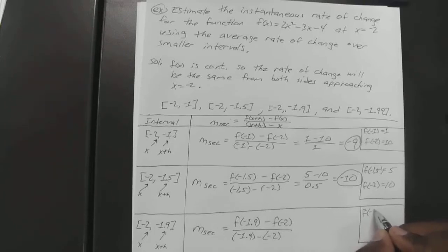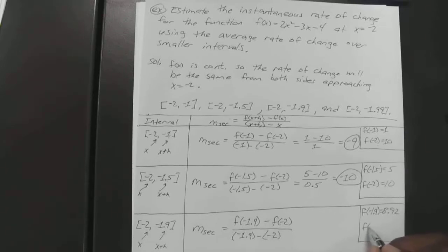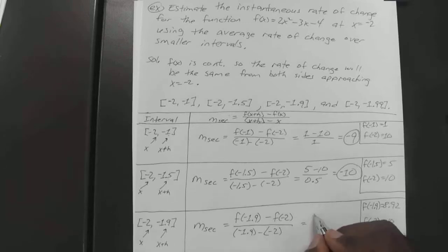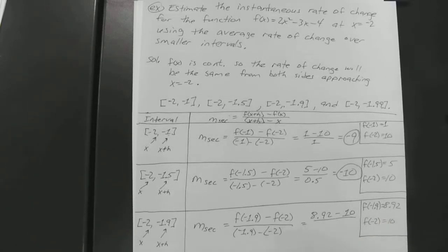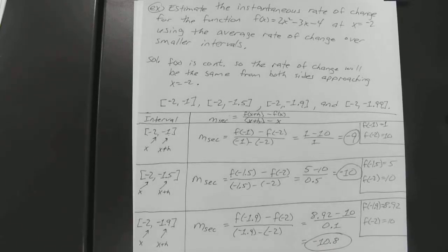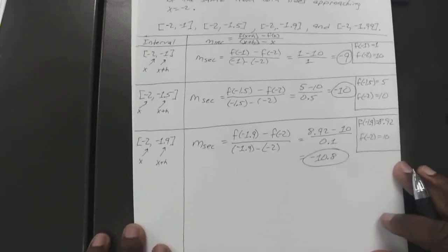So f of -1.9 is equal to 8.92, and f of -2 is still equal to 10. So we have 8.92 minus 10 all over -1.9 plus 2, which is 0.1. Our h value is a little bit smaller. So that's going to equal negative 10.8.